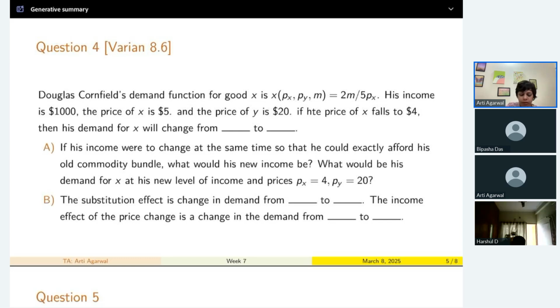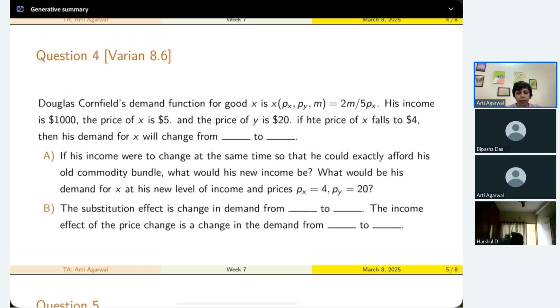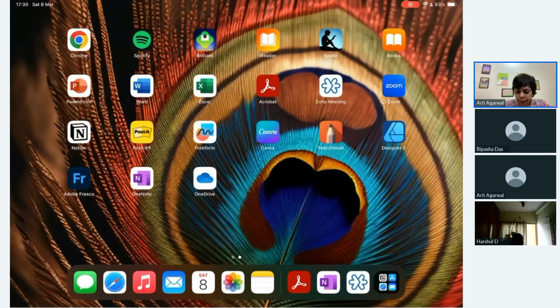No, actually, oh, this is straightforward. So you are just saying that original consumption was 80 and the original income was 1000. Wait, let me just write this down. Can't be done verbally. Let me open the question.